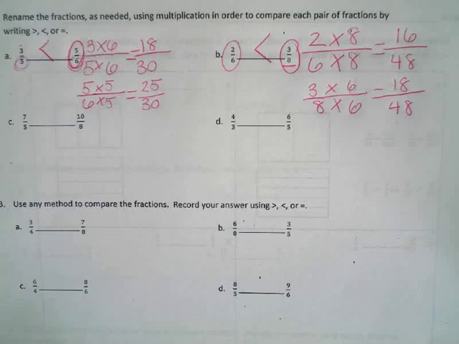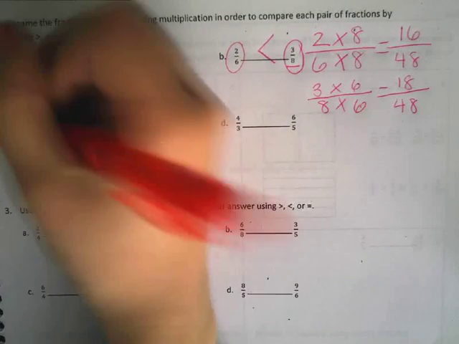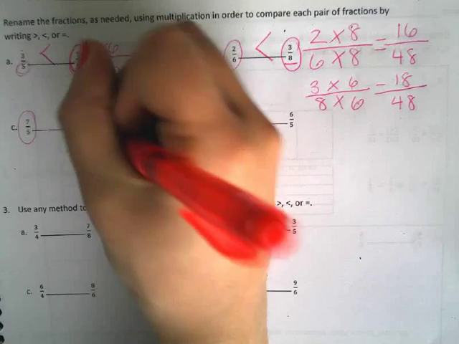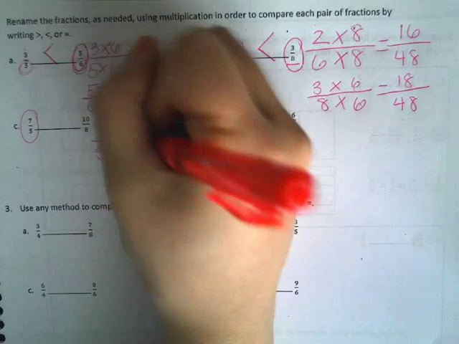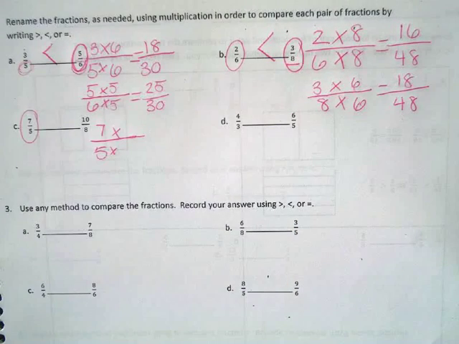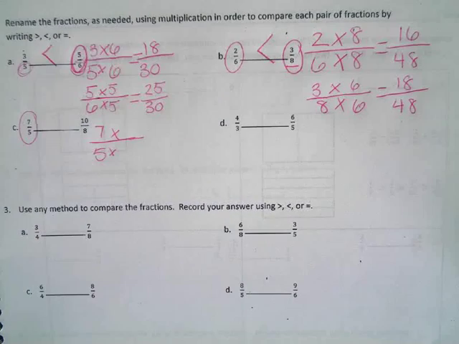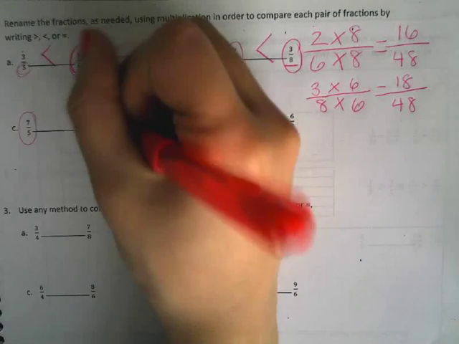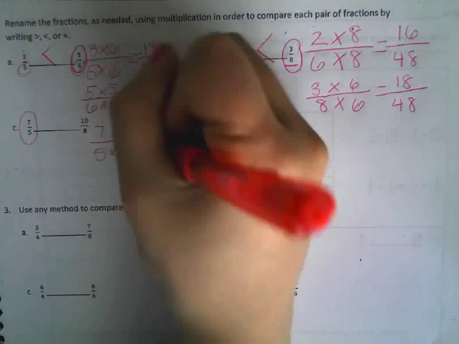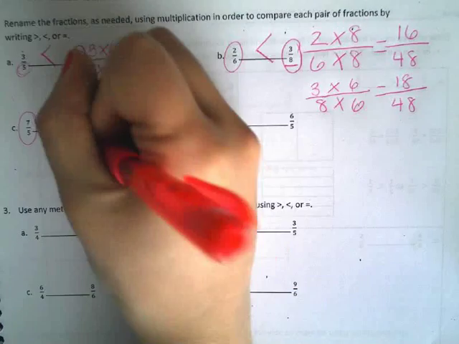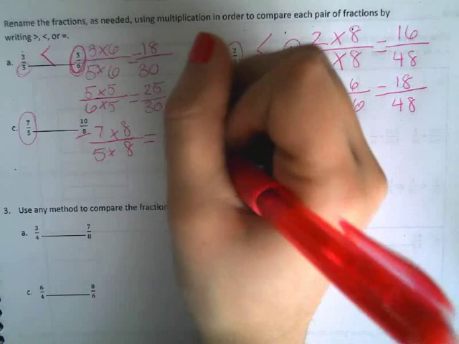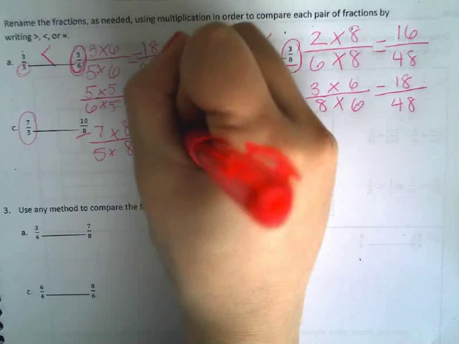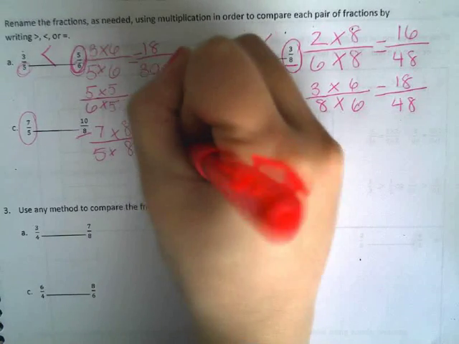Okay. 7/5 and 10/8. So we'll start with what they give us, which is 7/5. And I'm going to multiply it by what? Max? 8. Where did you get the 8 from? The other denominator. Great job. 7 times 8 is? 56. 5 times 8? 40.